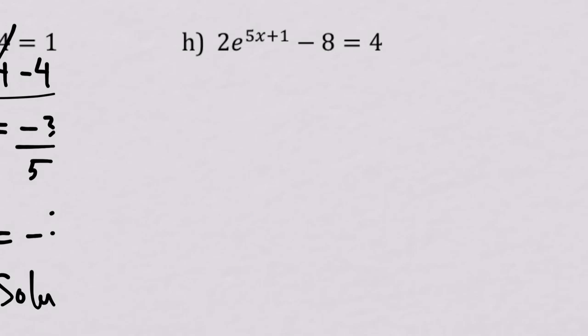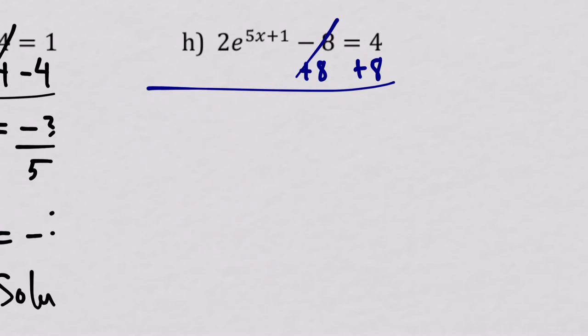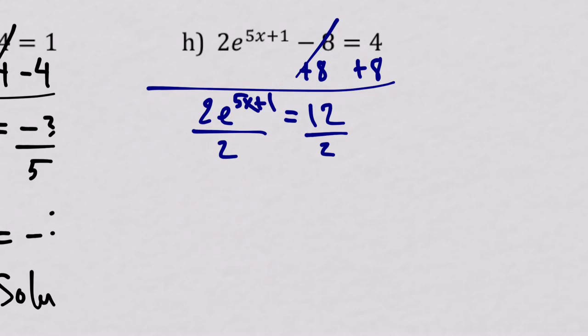Okay, finally, H. 2e to the 5x plus 1 minus 8 equals 4. Once again, I'm going to start the same. I'm going to add 8 to both sides. So 2e to the 5x plus 1 equals 12. I'm going to divide by 2. e to the 5x plus 1 equals 6. I'm going to take the natural log of both sides because the base is e.